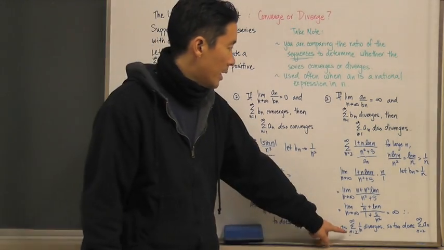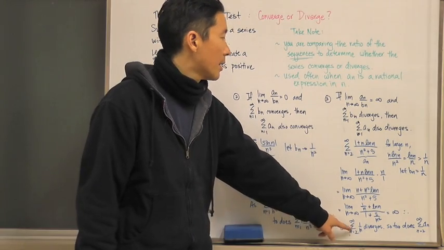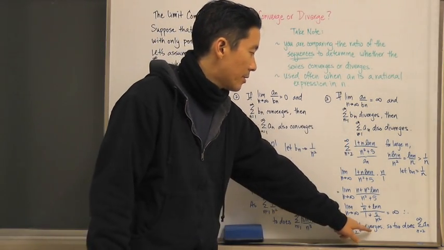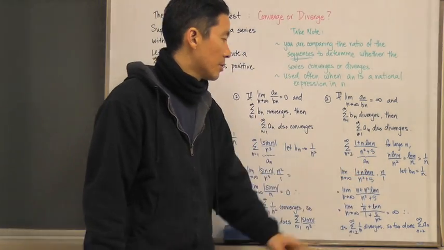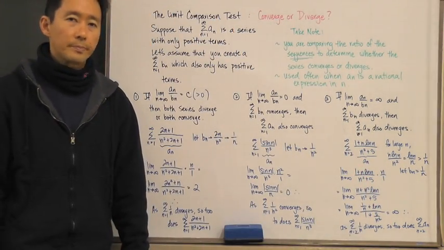Therefore, since we know that the infinite series of b sub n is going to diverge, we know that the initial infinite series we dealt with is also going to diverge.